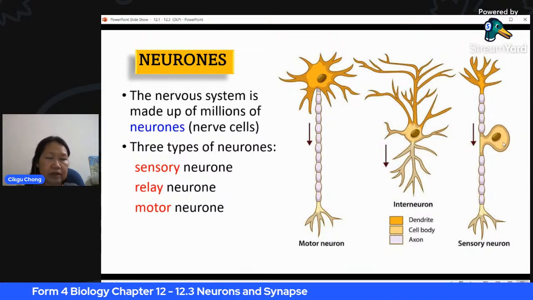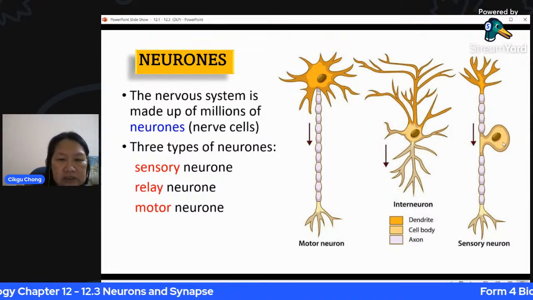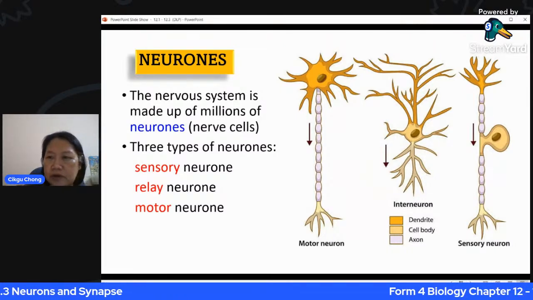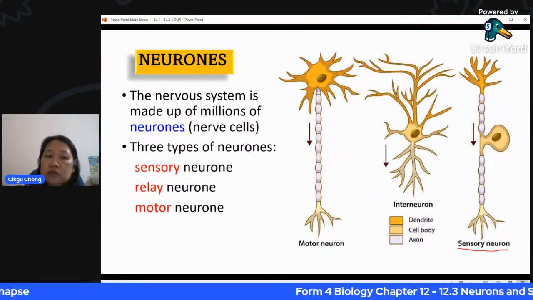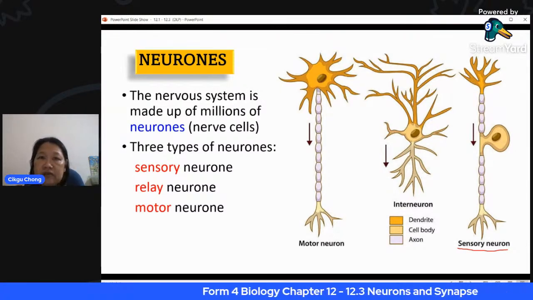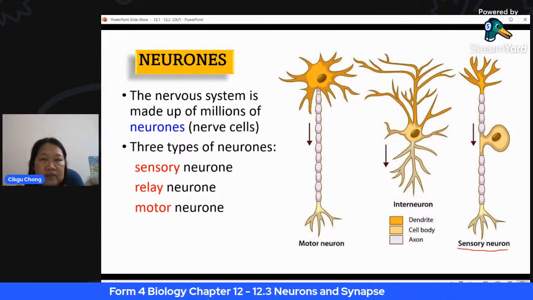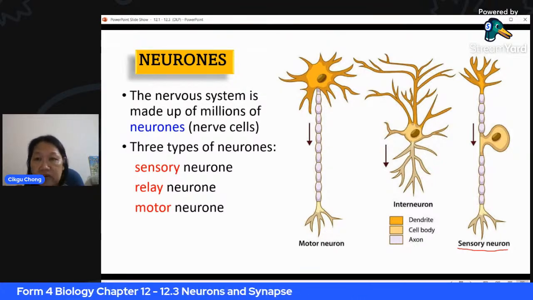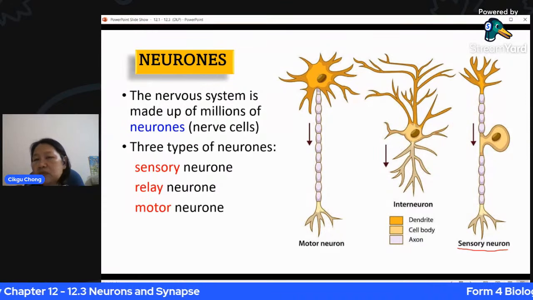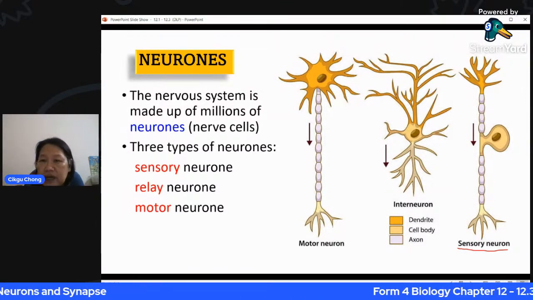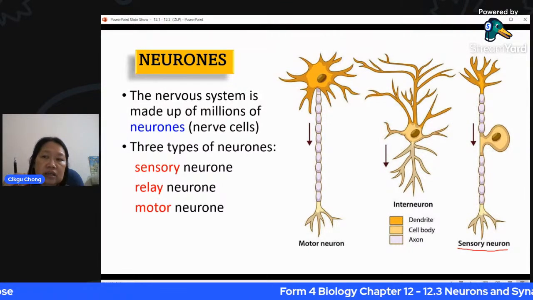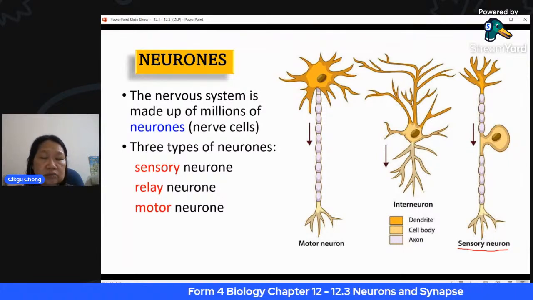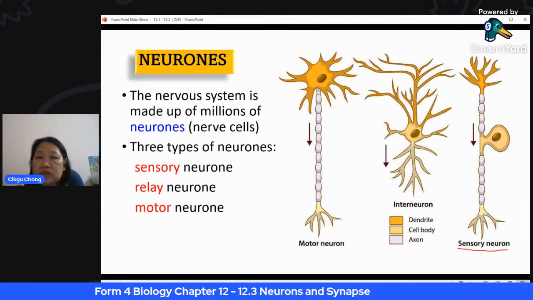Let me get my pen. This is the sensory neuron, which is also known as the afferent neuron, but more commonly known as the sensory neuron. These neurons transmit impulses only in one direction.